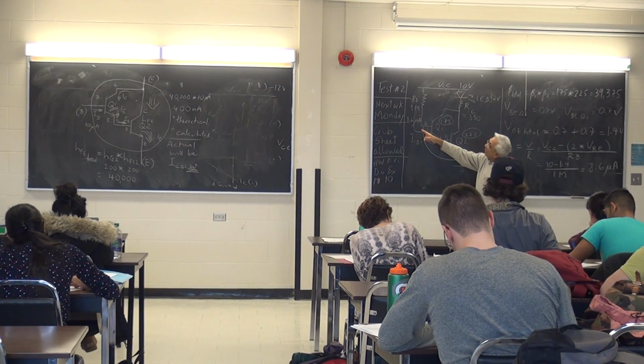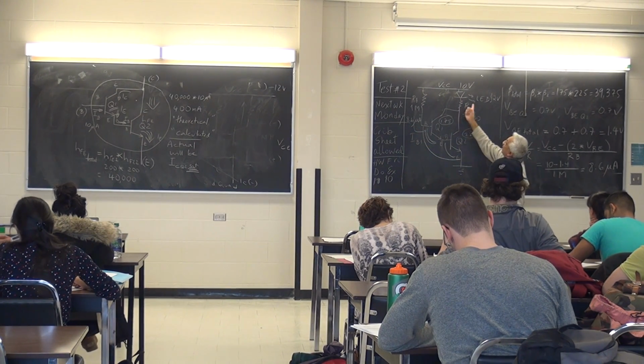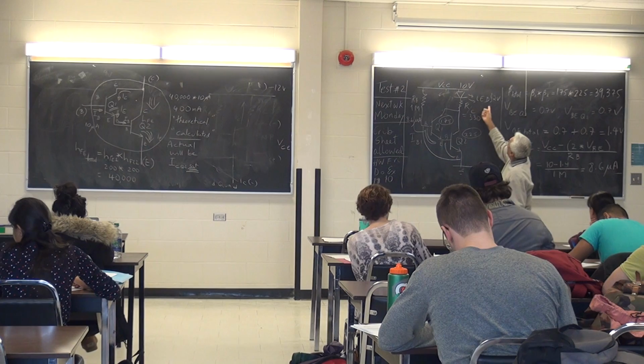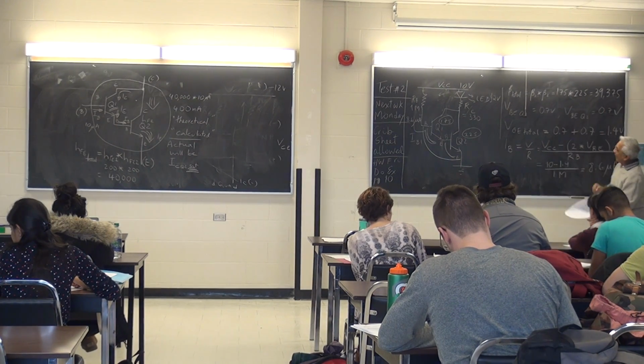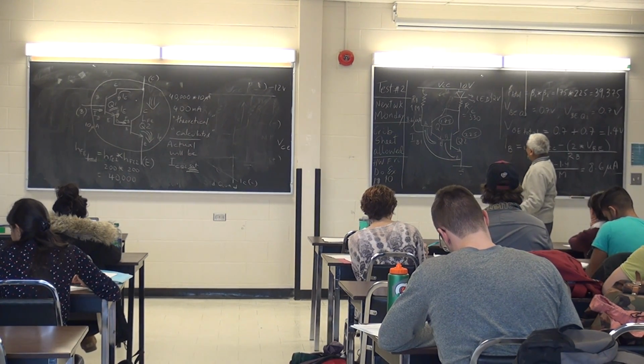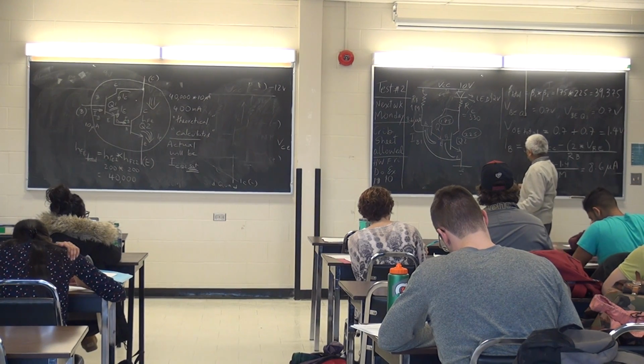That 8.6 microamps is going to be amplified on the collector side by 39,375. So that's IC at Q2.